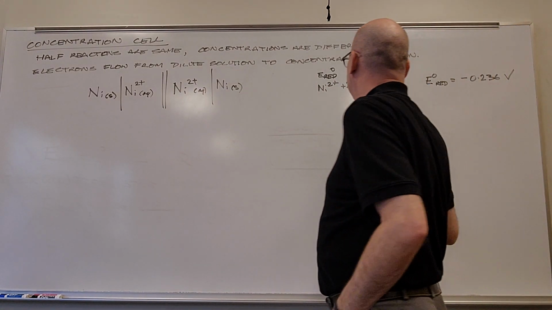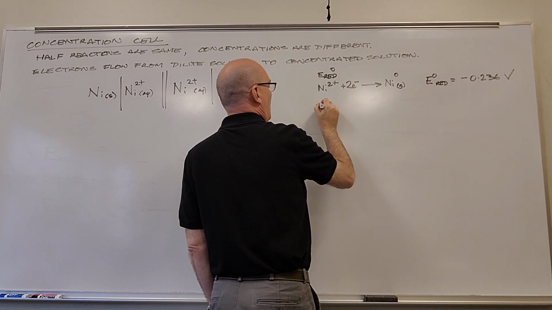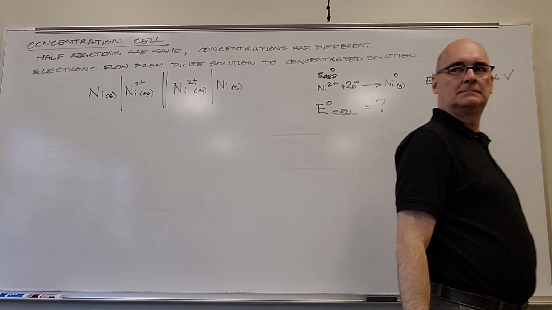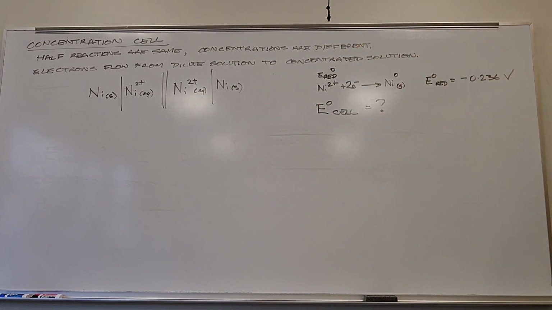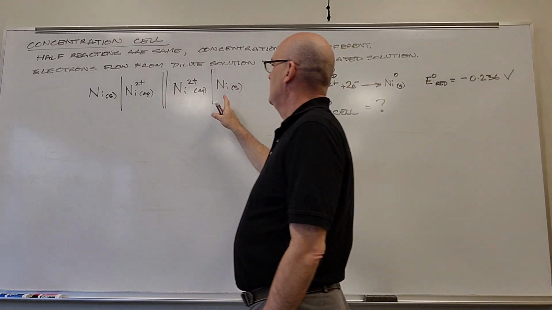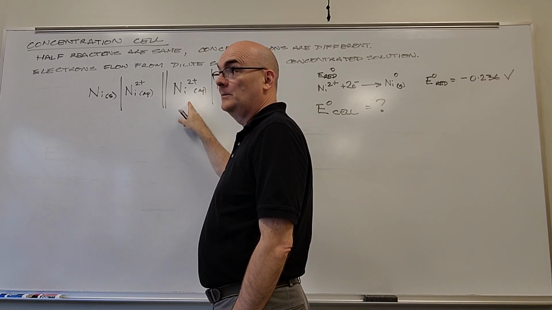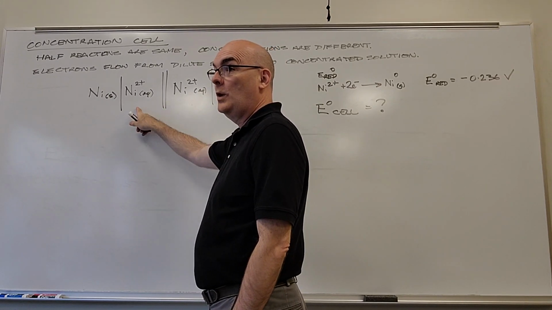Okay, here's a question. What's the value of the cell potential under standard conditions? My gut says 0. Under standard conditions, 298 Kelvin, 1 atmosphere of pressure, 1 molar solution here, 1 molar solution there.